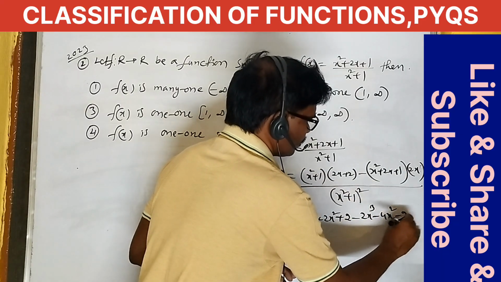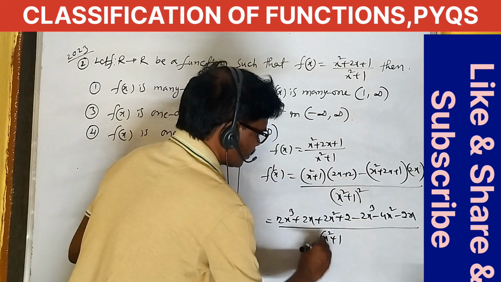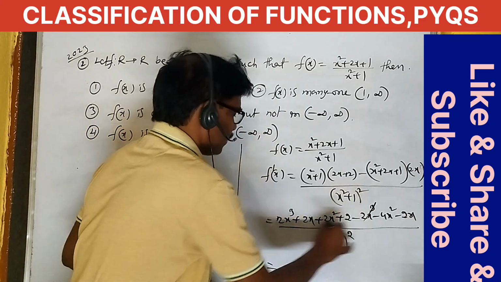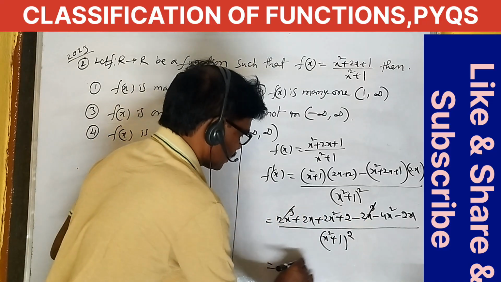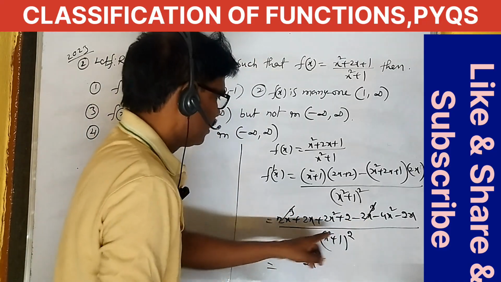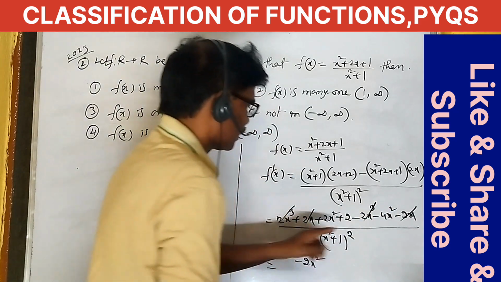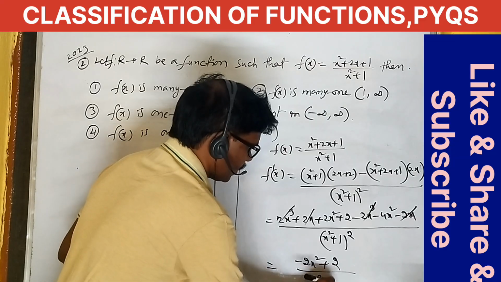This is minus 2x by x square plus 1 whole square. The 2x cube terms cancel, the minus 2x square and minus 2x square add up, and the 2x terms also cancel, leaving plus 2 by x square plus 1 whole square.